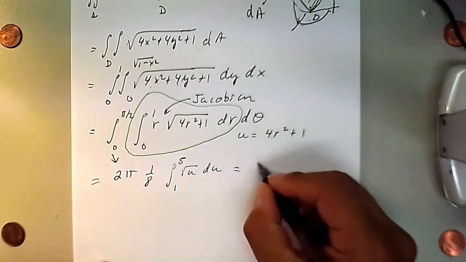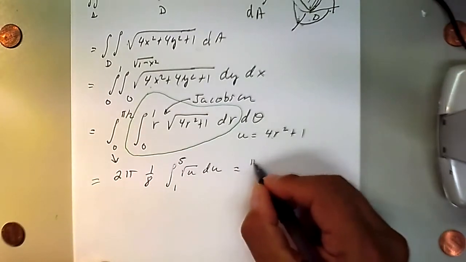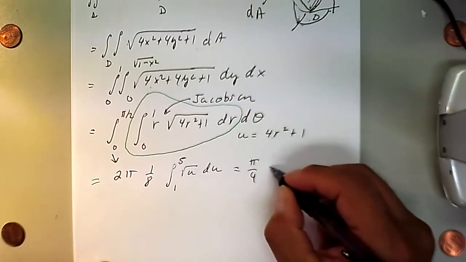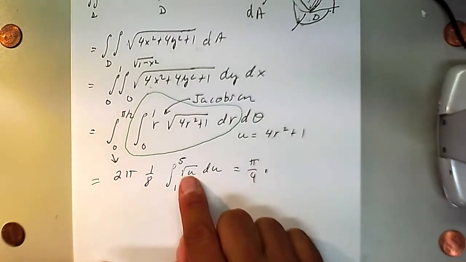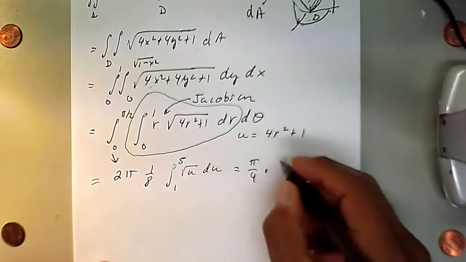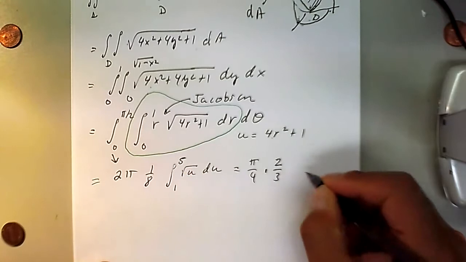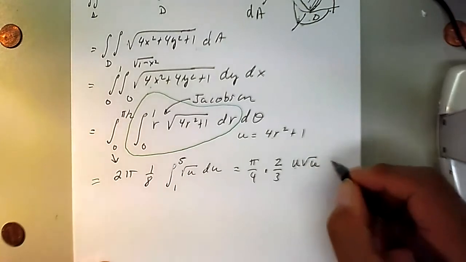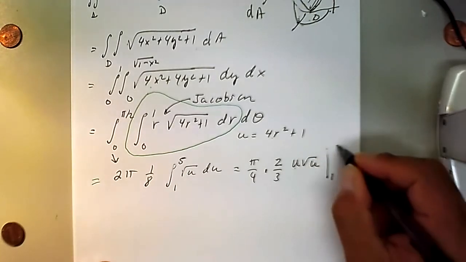That will be pi over 4 times, and then this is u to the 1/2. Antiderivative is u to the 3/2 over 3/2, which is 2/3. And then we have u square root of u, that's u to the 3/2 from 1 to 5.